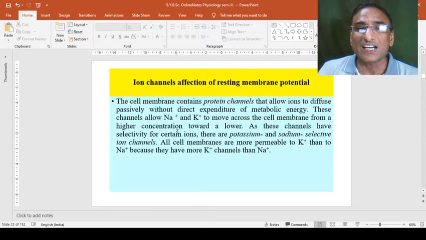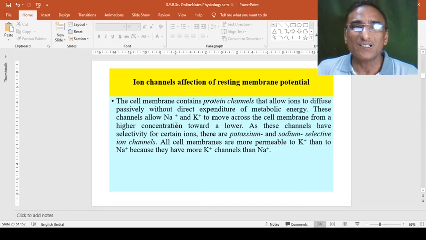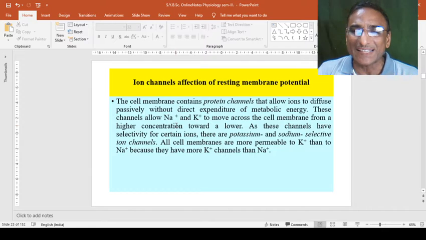These channels allow sodium and potassium ions to move across the cell membrane from a higher concentration towards a lower one. These channels have selectivity for certain ions, so there are potassium-selective and sodium-selective ion channels.